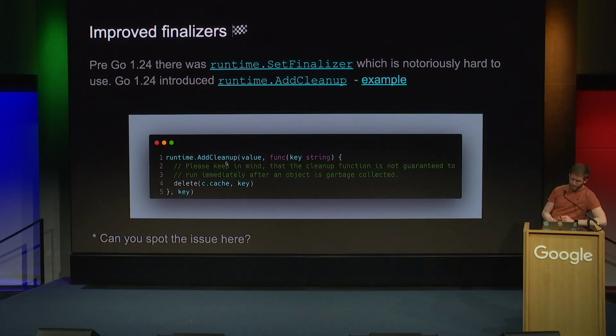This AddCleanup function in here is not guaranteed to run immediately. This is basically the first hint. It runs in a separate Go routine. It's also written in the docs, actually pretty prominently, that everything that you add in this cleanup function is run in a different Go routine. So in that case, I'm now accessing my map from two different Go routines concurrently.